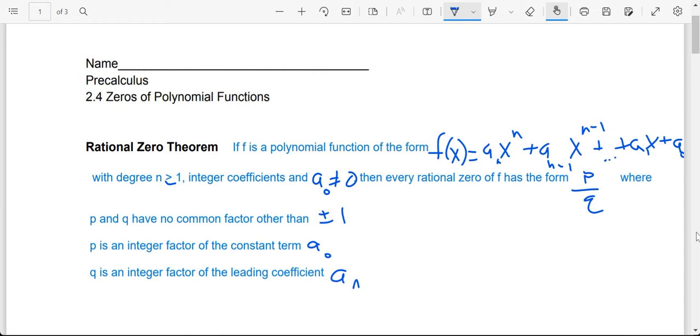And then we're going to use a test where I didn't have this part written down, but this is what we're going to be doing over and over again. You're going to take all the possible rational zeros and plug them into the function. Your goal being if your output is 0, then it's a 0. It is a rational 0.